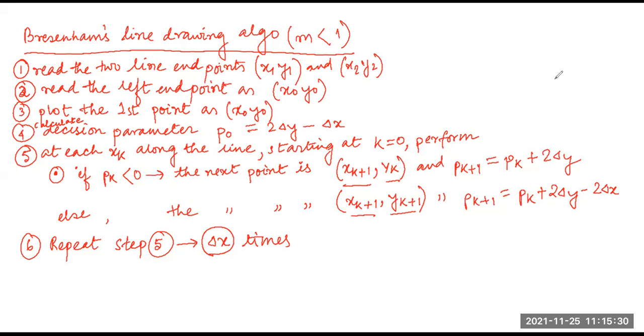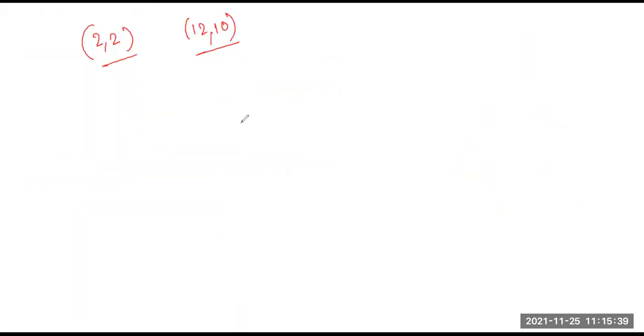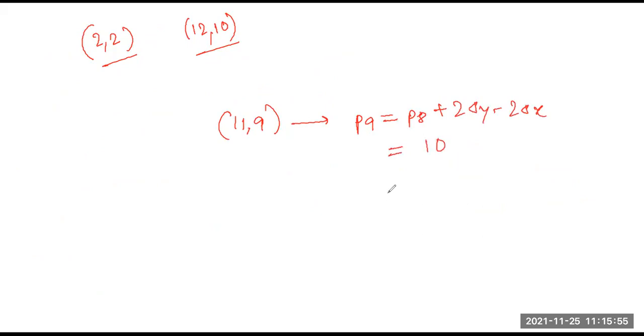So once we are calculating 11, 9, for that step you will get the updated value as P9. Your P9 will become something like this. There, you are calculating it to be 10. Now, what I said, my del x was 10.